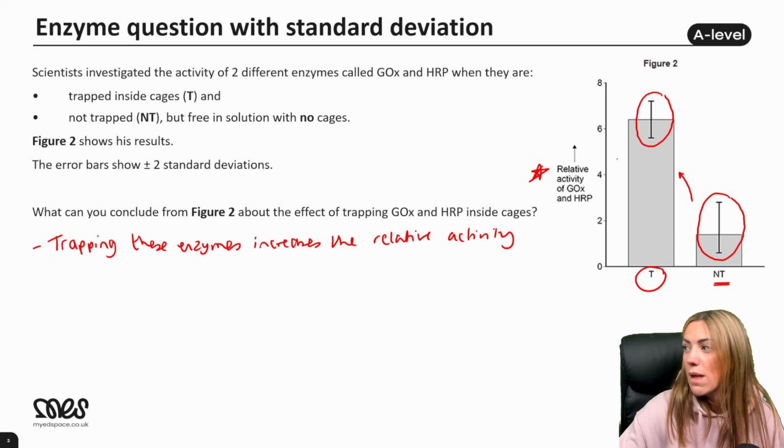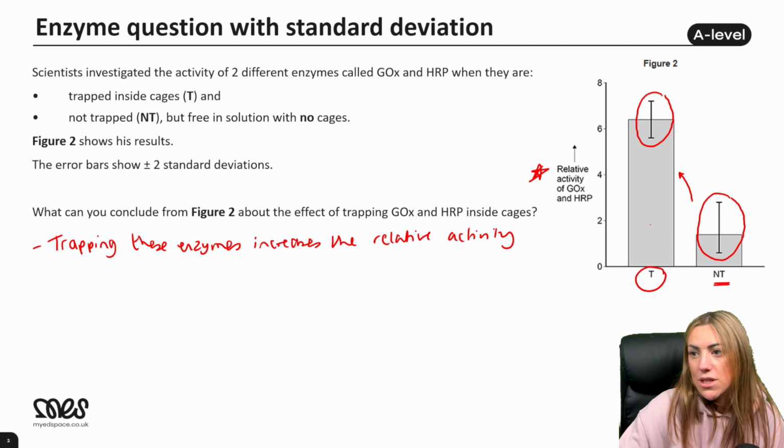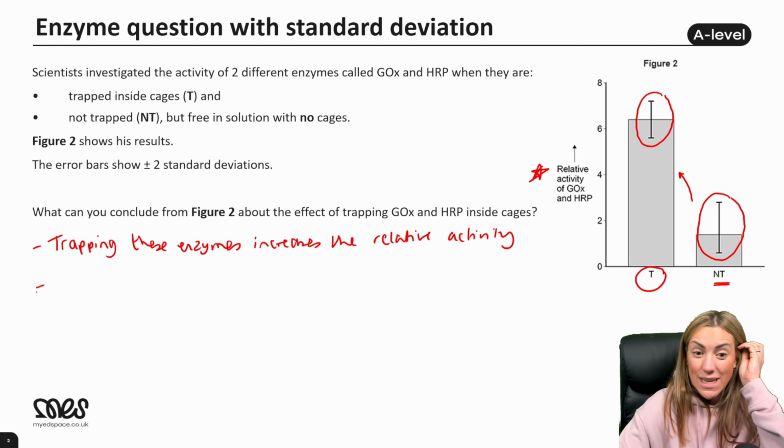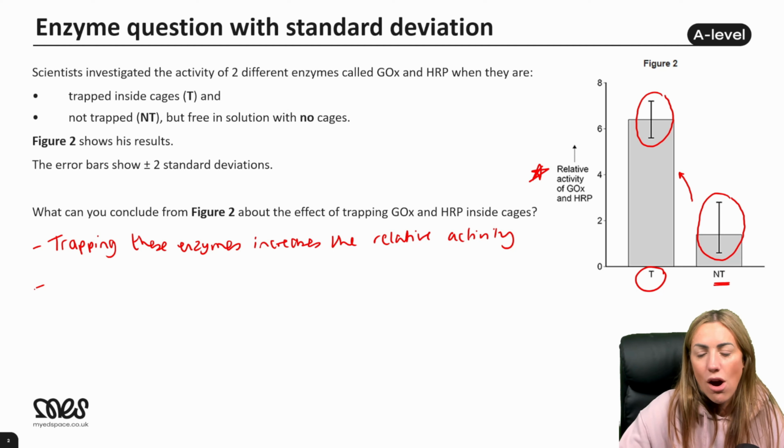It's over 6 when they're trapped, and it's much lower. It's less than 2 when they're not trapped. So trapping the enzymes definitely increases the activity, but this graph has the standard deviations on there, or the error bars on there. So we need to use that information in our answer.